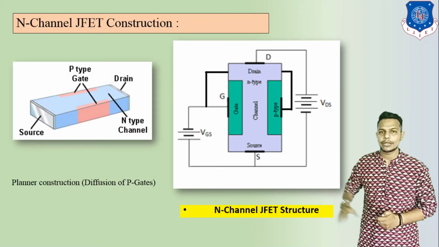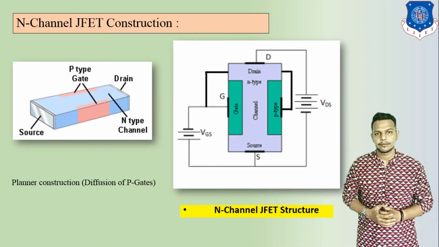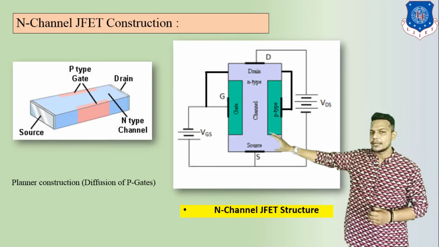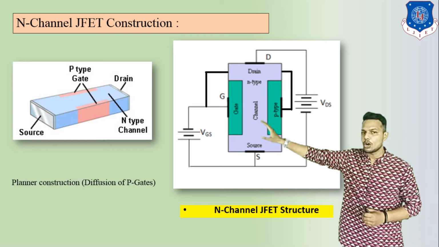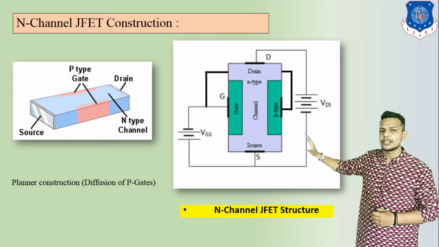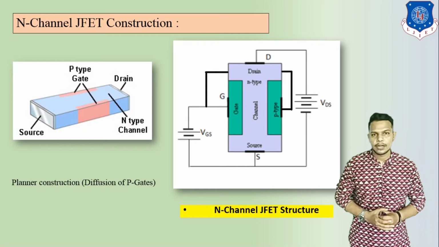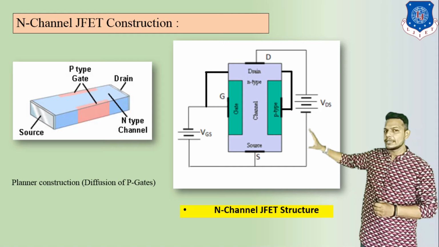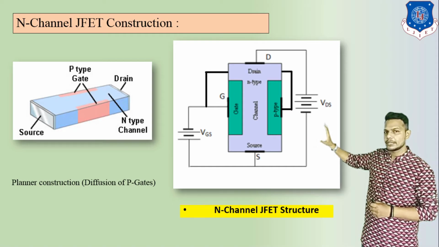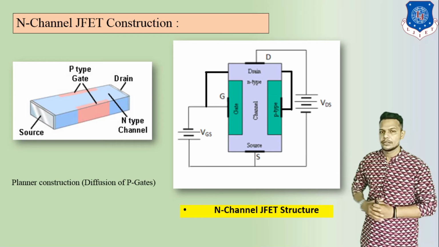So let us discuss N-channel JFET construction along with its biasing. Here we can see this is the planar construction, diffusion of P gates, and this is the N-channel JFET construction along with its biasing techniques. Now this is the construction in which we are going to bias the terminals like this.